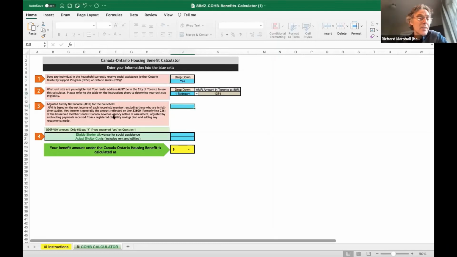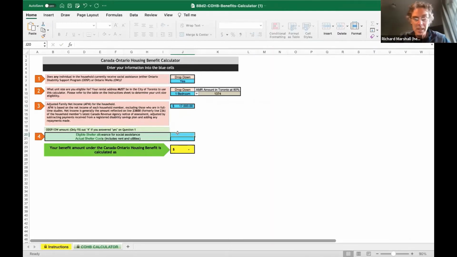The next is the adjusted family net income. That comes from line 23600 on the notice of assessment. So we can just introduce, I don't know, we'll put 17,000, for example. And then coming down to number 4, the eligible shelter allowance.